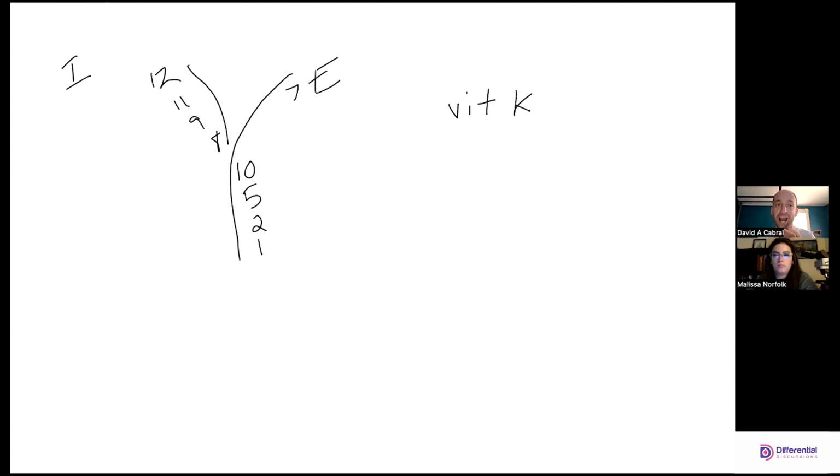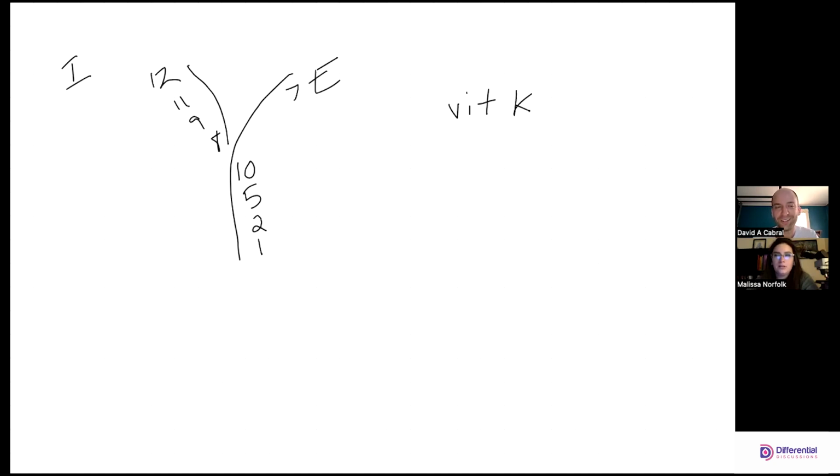So knowing what factors will be affected, how do we say this? I struggle with this, Melissa, so I'm getting your opinion. Do you say that you're deficient in the factors, or you're just deficient in the factors that actually work?